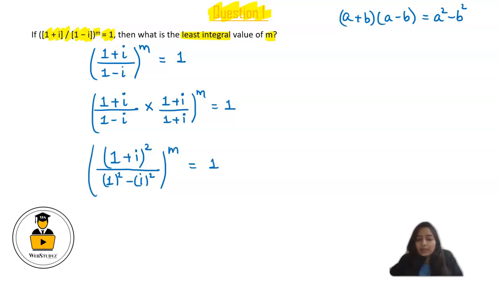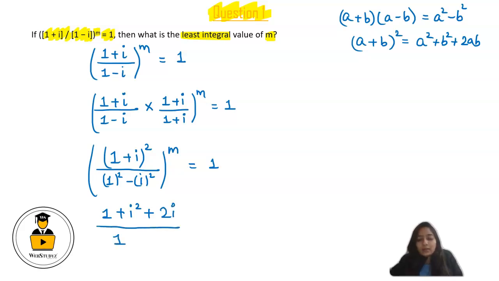In the numerator we have the identity (a plus b) whole square, which is a square plus b square plus 2ab. So we have 1 square, that is 1, plus iota square, plus 2 multiplied by 1 and iota, that is 2 iota. In the denominator we have 1 minus iota square, which is minus 1, and the whole is raised to the power m.